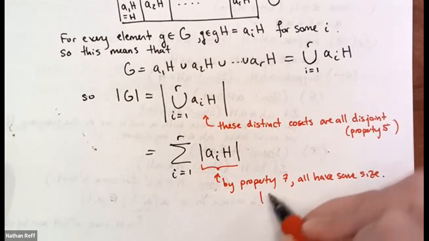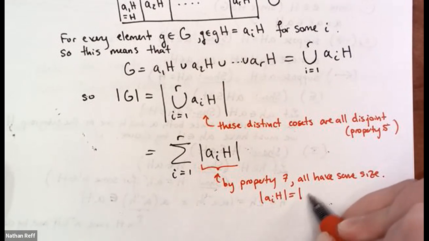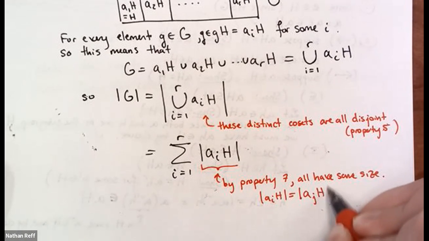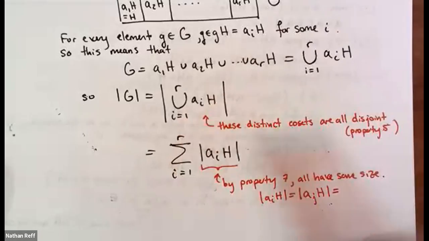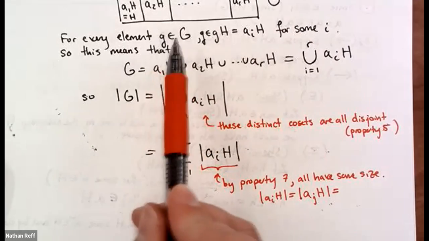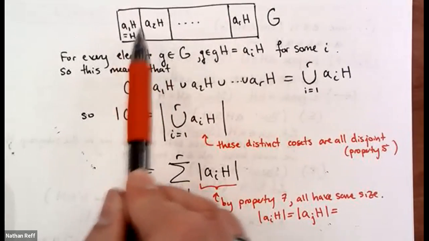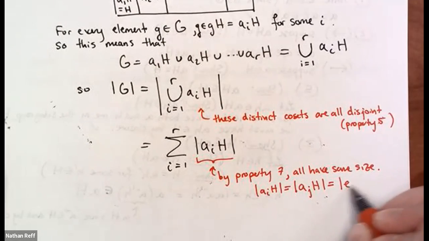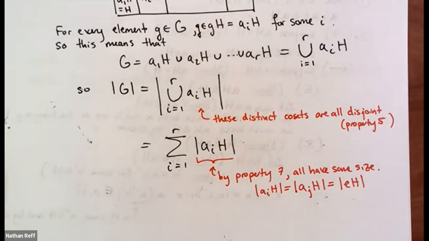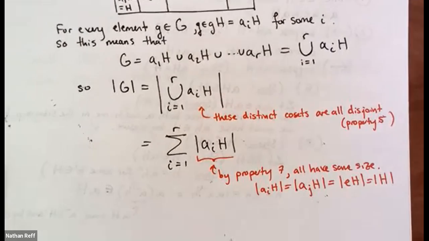So the cardinality of AiH is equal to the cardinality of AGH, which is, do we all agree that, for example, I could have picked the element E in the group, right? E is in one of these cosets. So do you agree that this is equal to EH for some element of the group? I'm going to pick E. Well, then that means that's just the size of H.